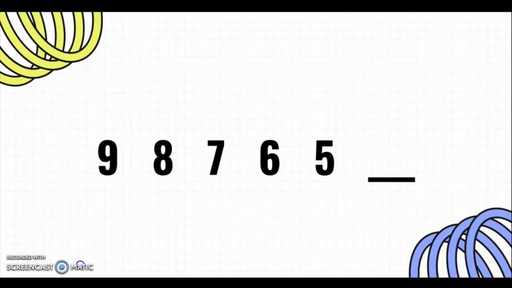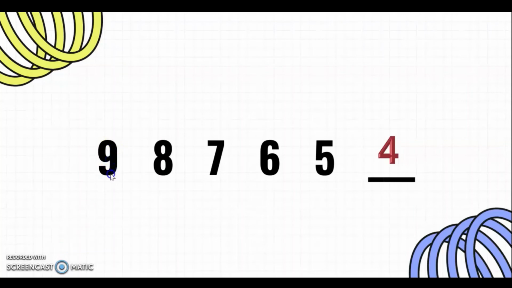What is this missing number in the pattern? Yes, a 4. How do we know that? What rule did you notice the pattern was following? Okay, you have to subtract 1 to get the next number.